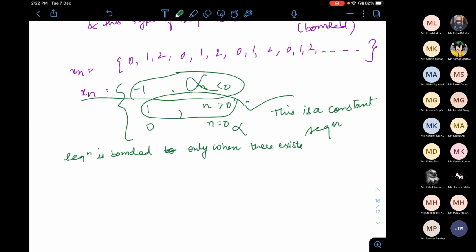I'm saying a sequence is bounded only when there exists m greater than 0 such that |xn| is at most m. That means every term of the sequence is bounded by a number m, and m is independent of n.